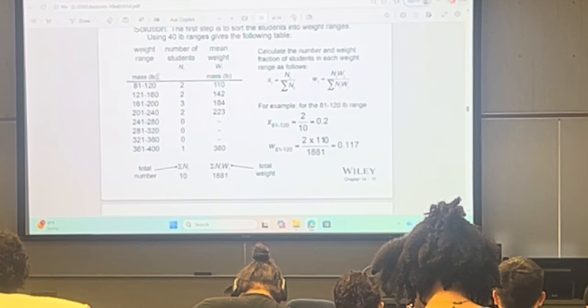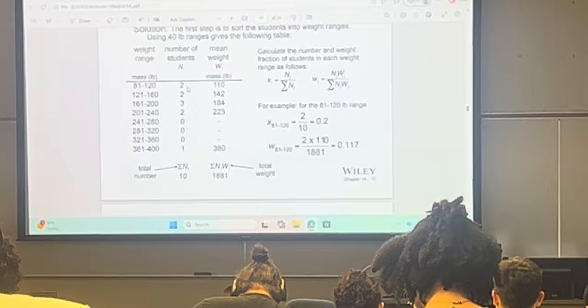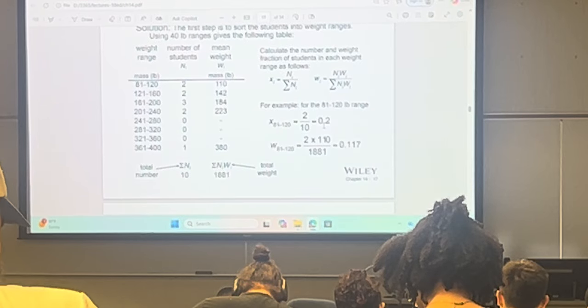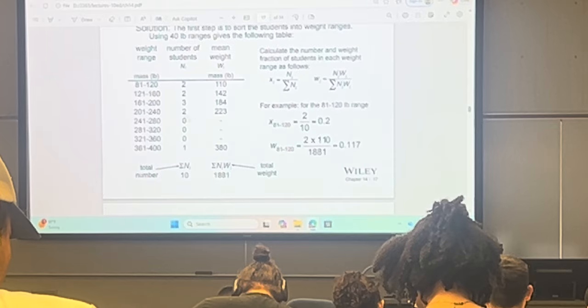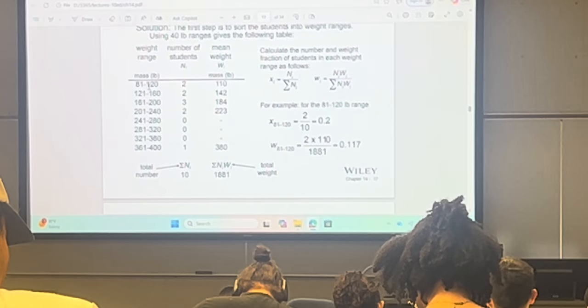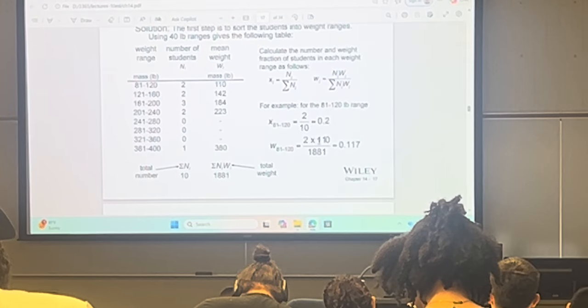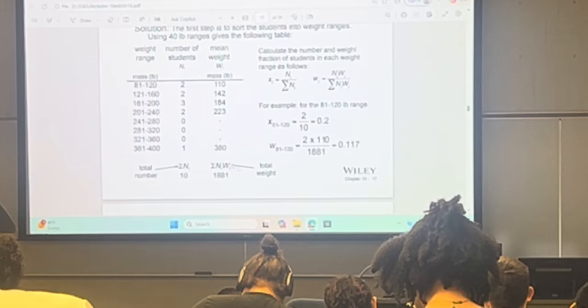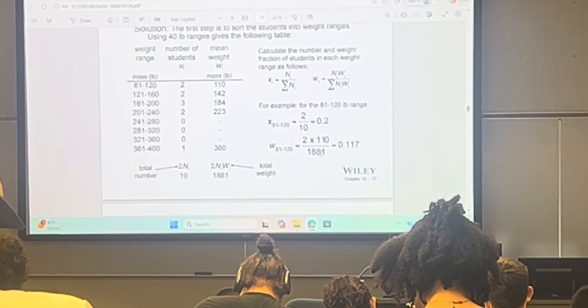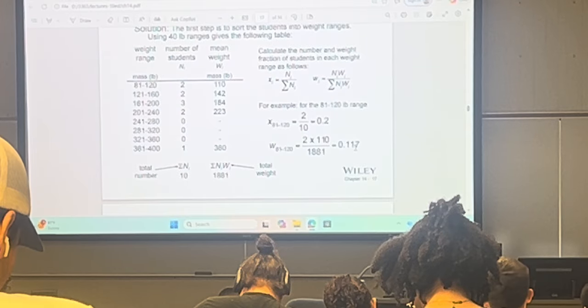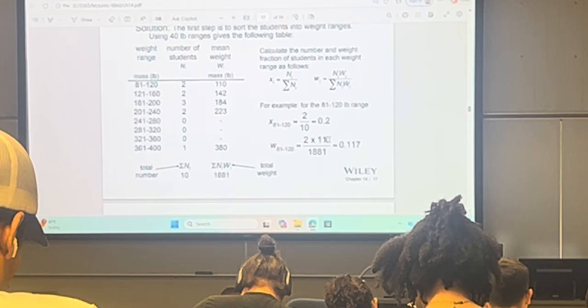For example, in this range from 81 to 120, there are 2 students, and divided by the total number of students, 10, the fraction is 0.2. In terms of the weight, in this range we have 2 students times 110 divided by the total weight, which is 1881, and that gives us a 0.117 fraction. You see, there's a different way of calculating it, and that's why we get a different number.